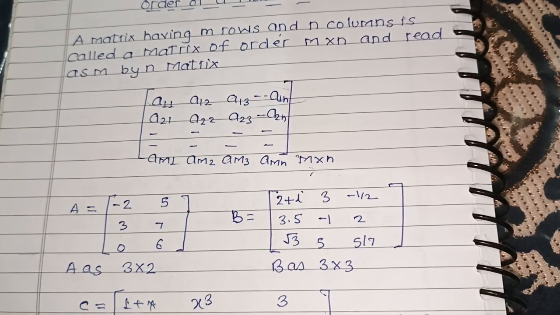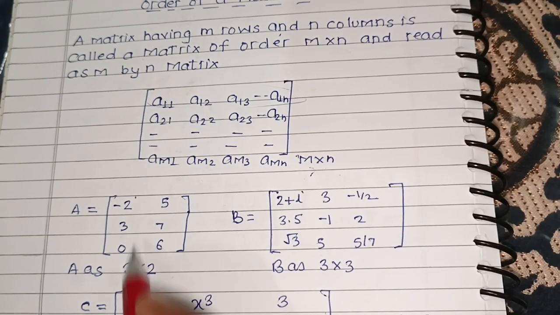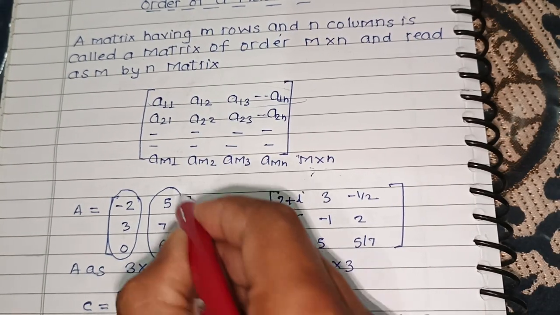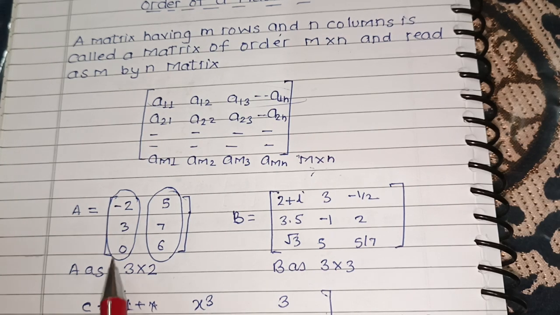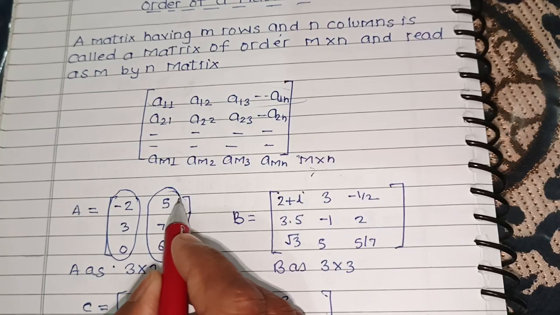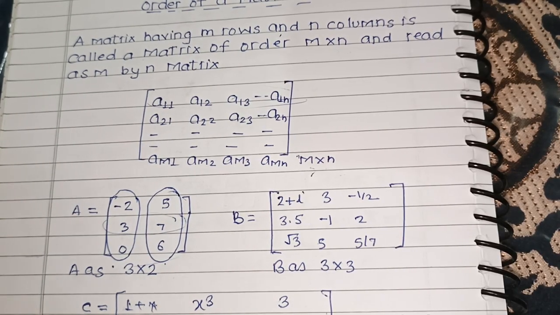Now first you can see here is one column and second column. Here is first row, second row and third row.